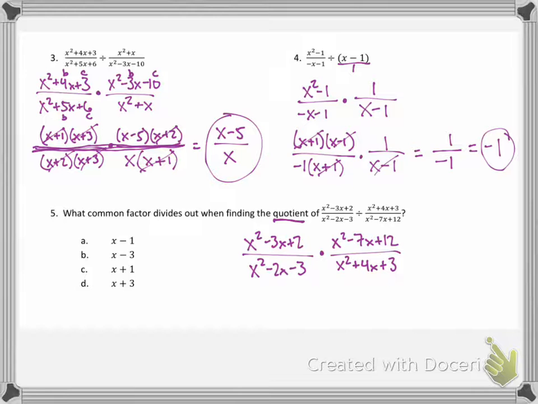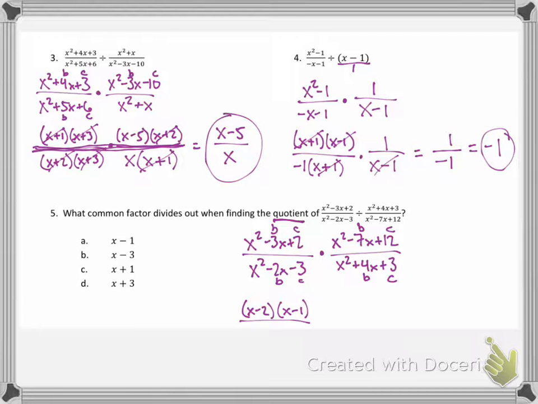Okay, so let's go ahead and factor this apart. So these are all trinomials. Nothing has a GCF here. So we're going to use that trial and error strategy for all 4 of these pieces. Top left, what multiplies to 2 and adds to negative 3? Negative 2 and negative 1.